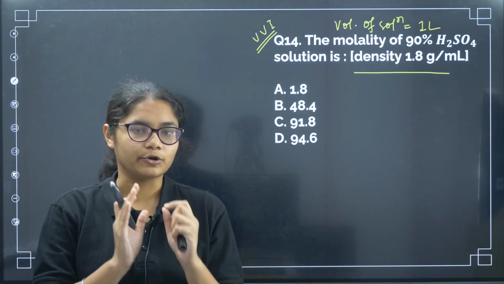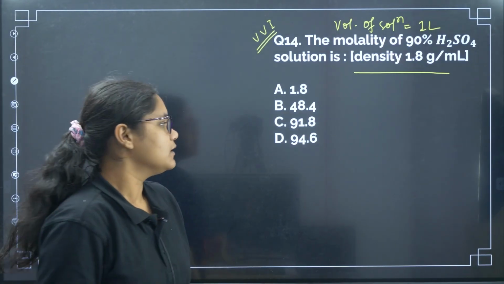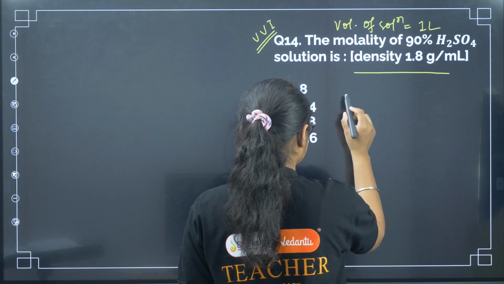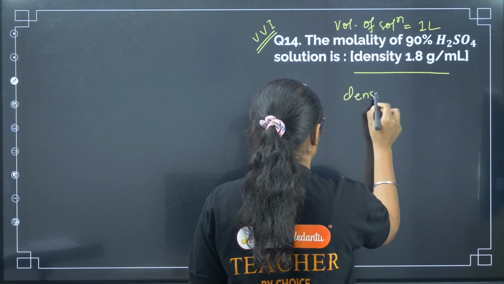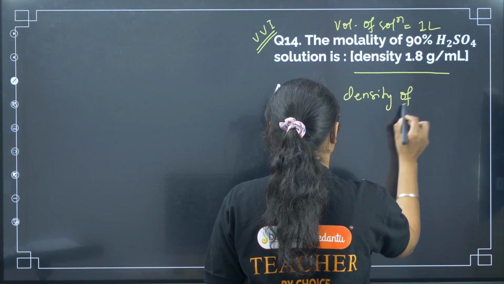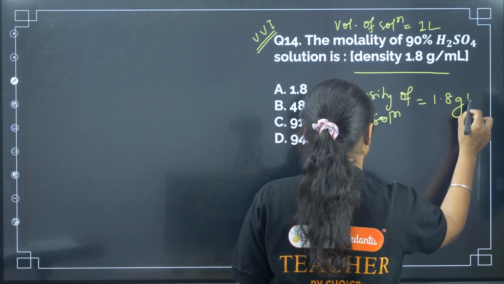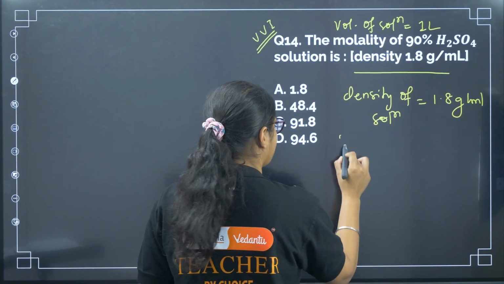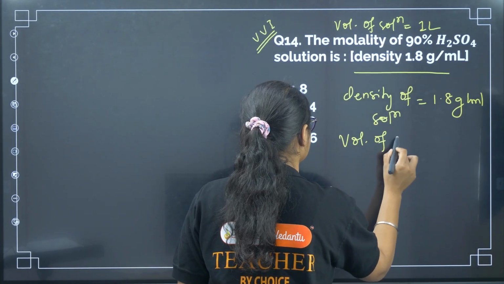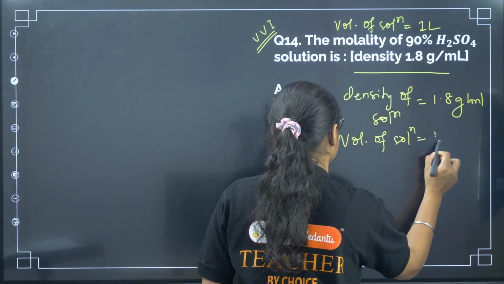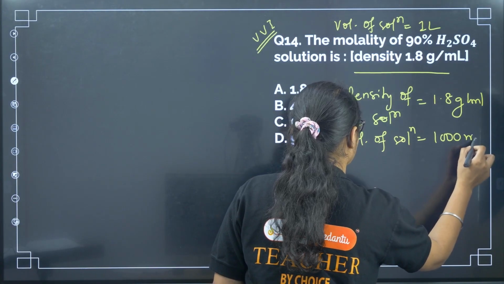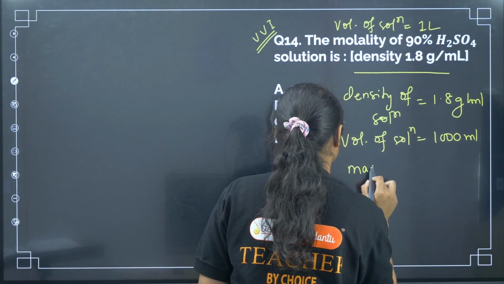Similarly, you should assume that the volume of the solution is 1 liter. Now, the density of the solution is 1.8 gram per ml. Okay. Now, if I say the volume of the solution is 1000 ml, then what will be the mass of the solution?